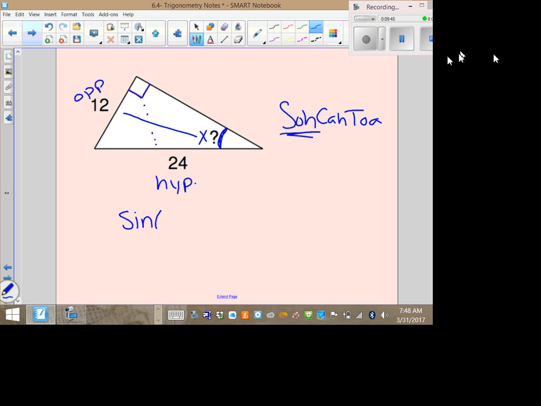So I get sine of x equals my opposite over my hypotenuse. We already did this one, but let's go through it again. The inverse sine of 12 over 24, we'll get our 30 degrees, which we went through.